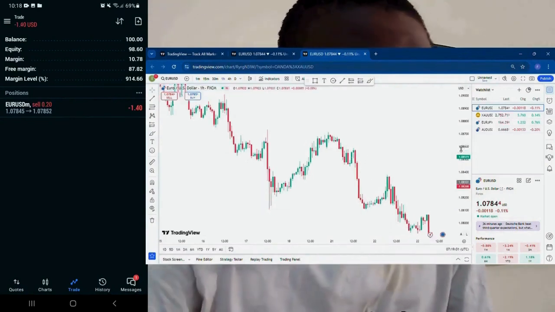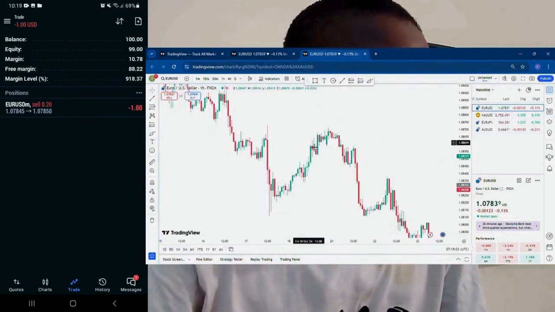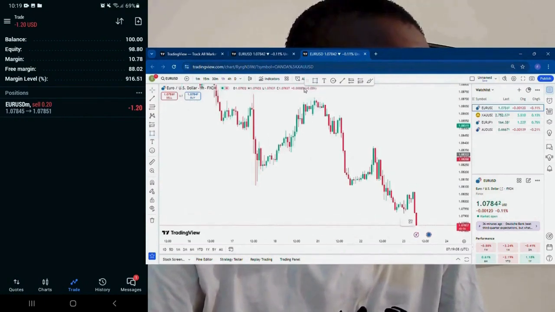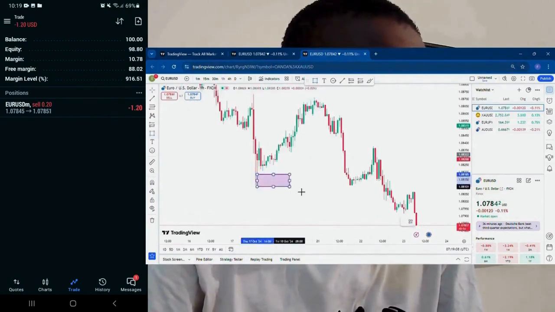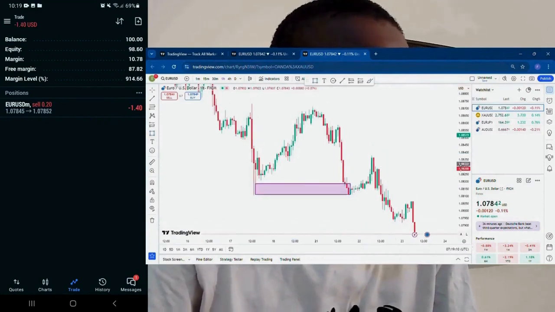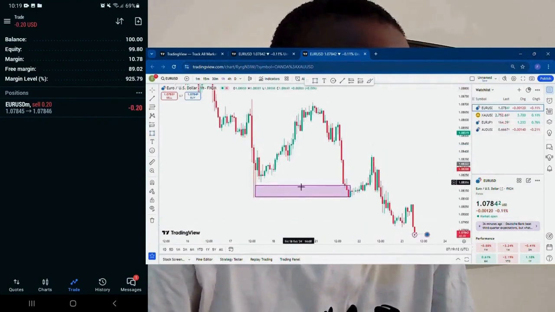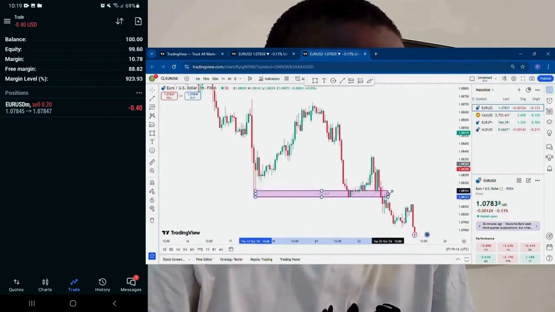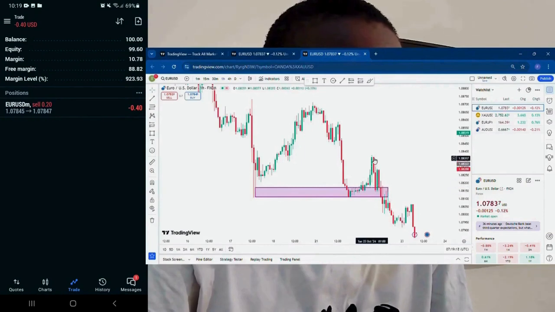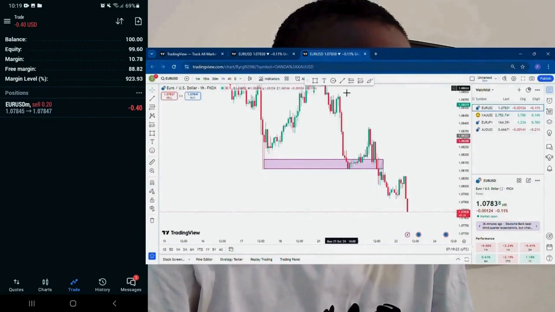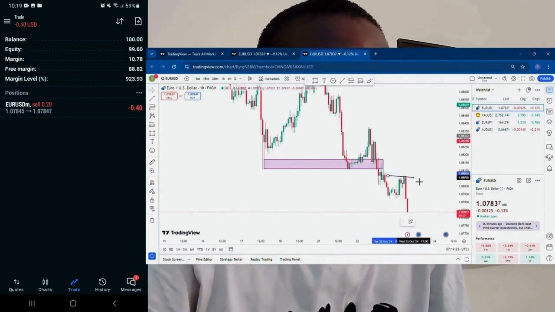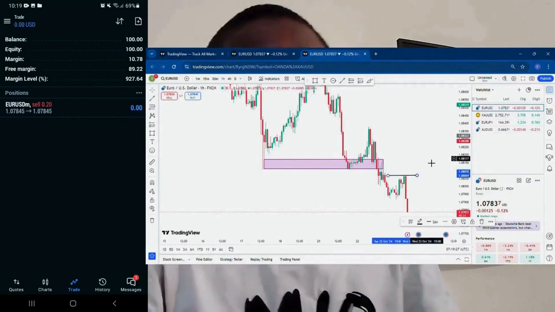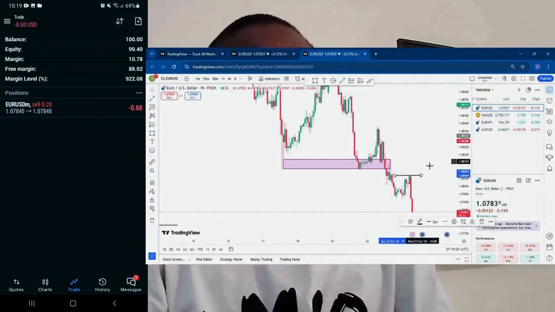So as you can see, just as I explained on the 1 hour time frame, price broke this zone first of all, then broke this other zone again, and we then have this retracement right at this point.